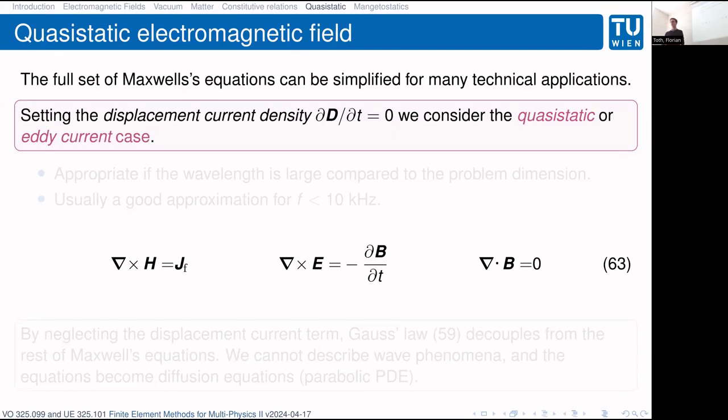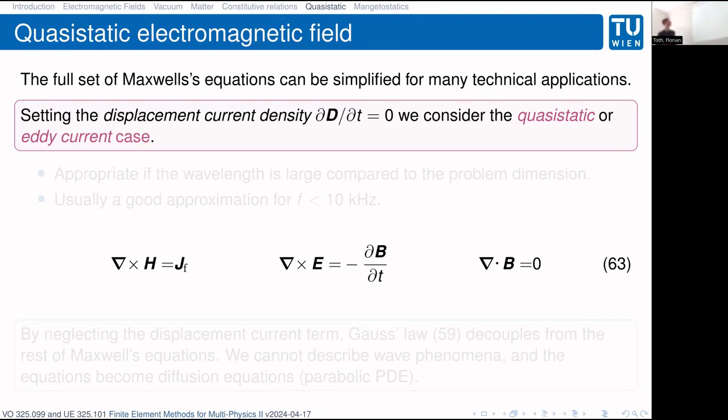And we obtain this by simply setting the displacement current density to 0. This decouples Gauss' law from the equations, so electrostatics is out of the question.